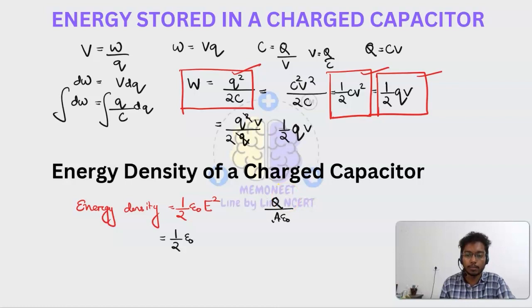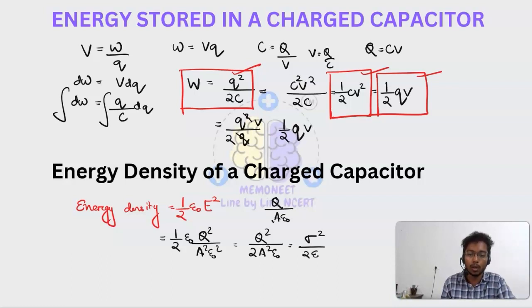This is the value of electric field that I have found out. Just put it here: Q square upon A square epsilon naught square, so we have Q square upon 2 A square epsilon naught. This is equal to sigma square upon 2 epsilon naught. So this is the energy density for the charged capacitor.